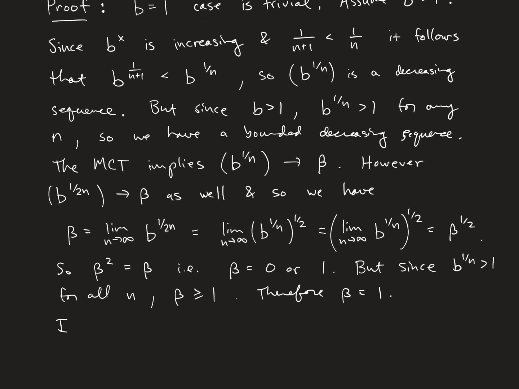So if b is between 0 and 1, then 1 over b is bigger than 1.